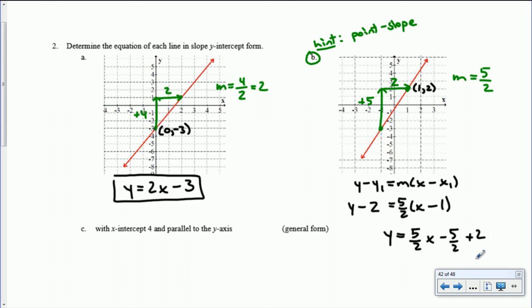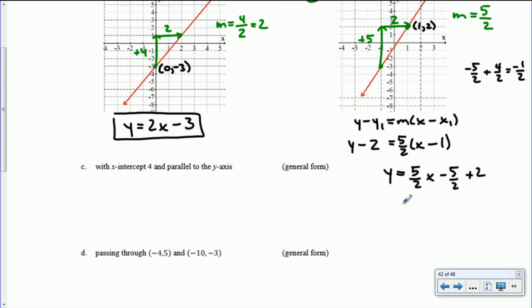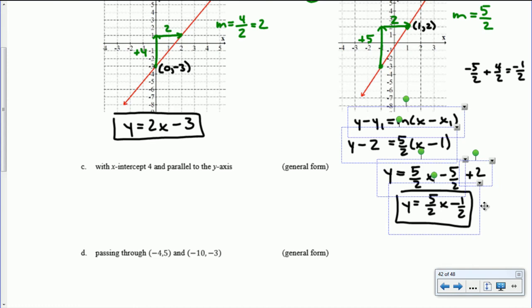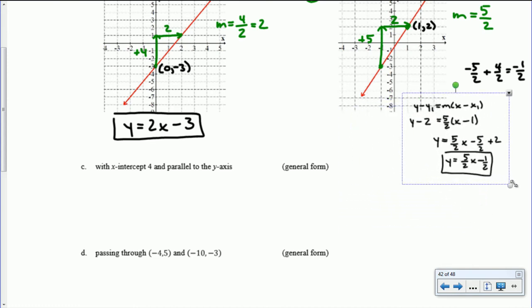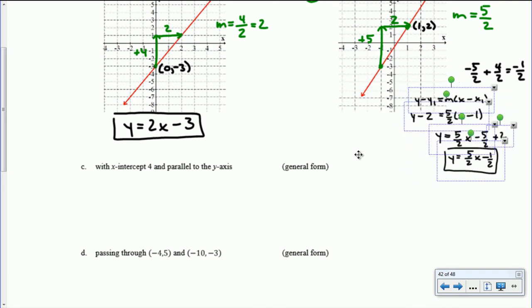So negative 5/2 plus 2, 2 is equivalent to 4 over 2, so that works out to negative 1/2, and there we go. So y is equal to 5/2 x minus 1/2. That is it. Hopefully you didn't write as big, sorry about that, but I guess you would have done it on your own anyways. So there we go. Good.